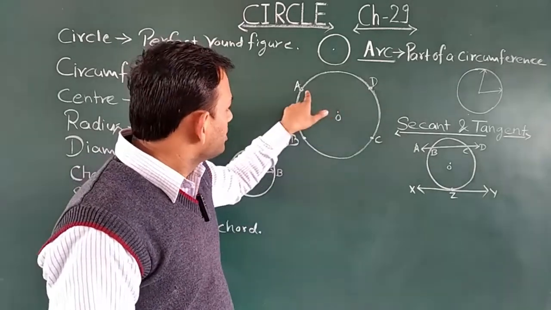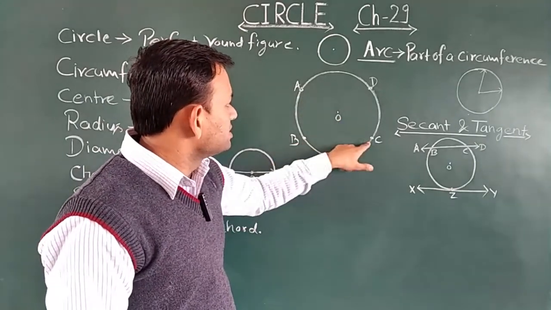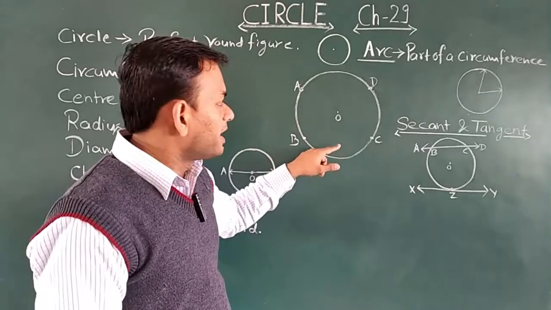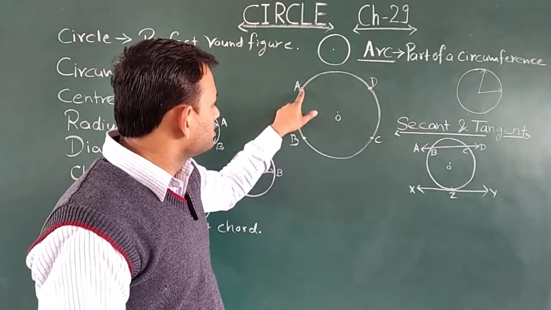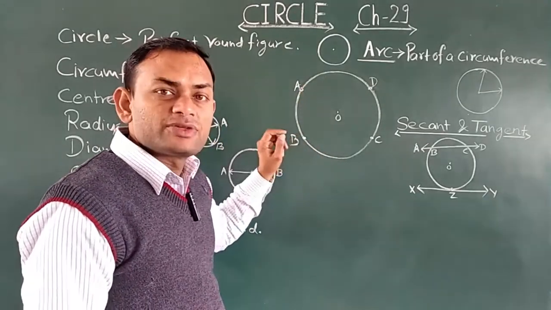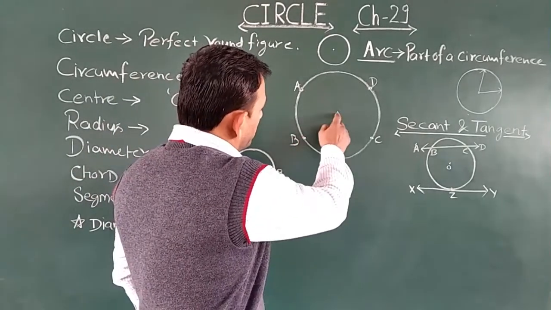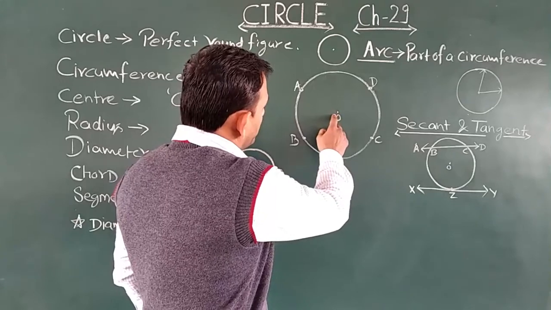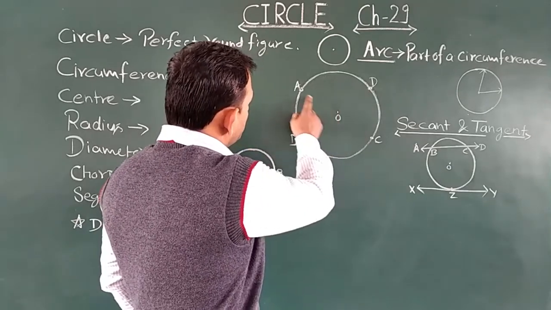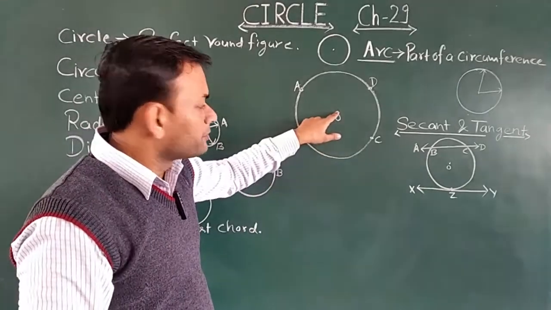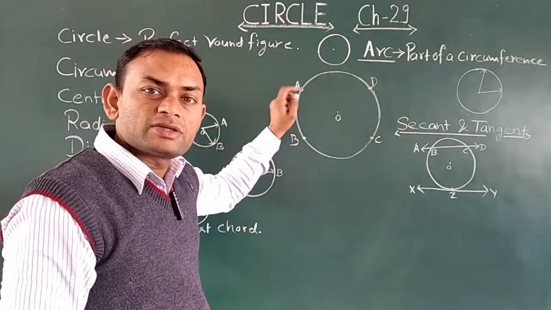Points A, B, C, D all are present on the circumference of the circle, and the distance from the center of every point is equal. Got it? Distance from O to C, from O to D, and from O to A are equal. The distance from center to circumference is equal.